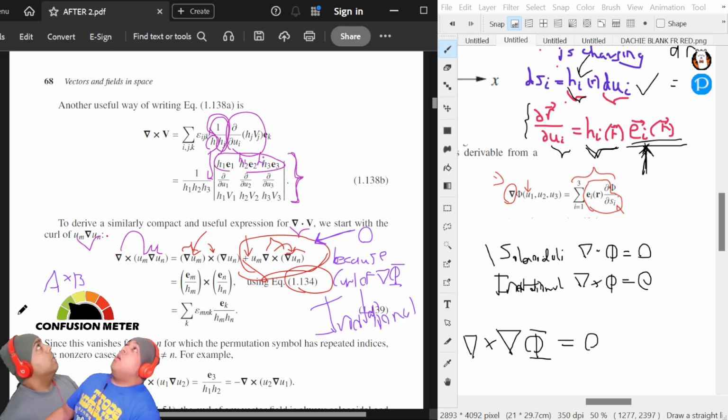A cross B, right, equals AJ BK C. Oh yeah, I forgot I. Okay. AI BJ CK, EK epsilon IJK. Boom.